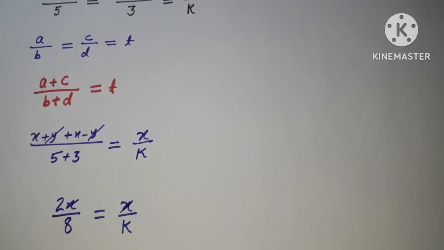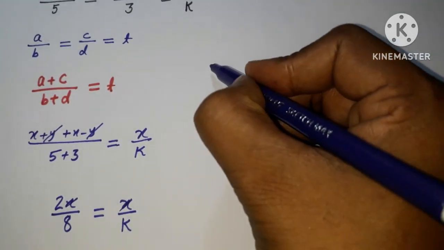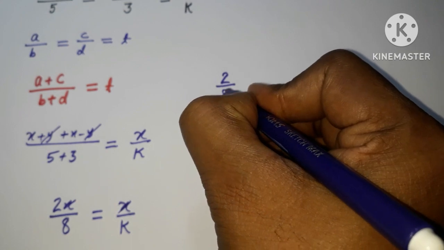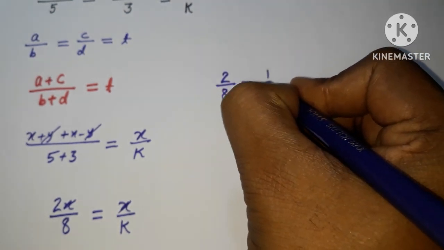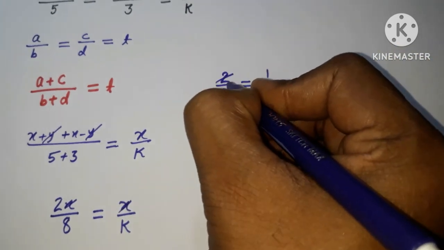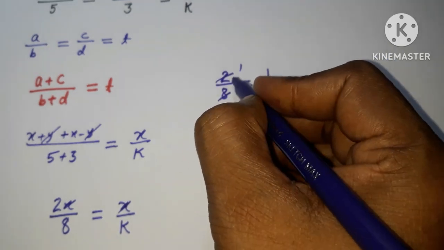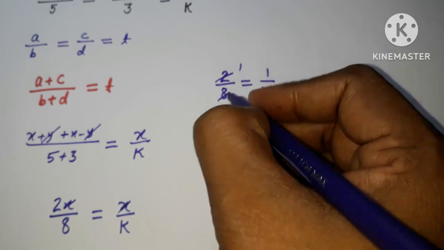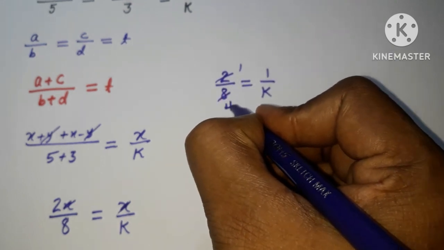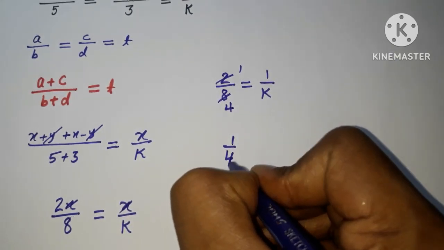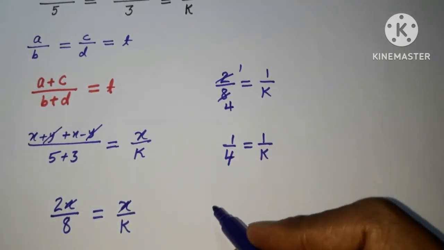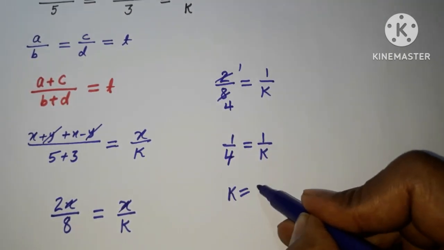So we have 2 divided by 8 is equal to 1/k. We can cancel 2 by 2: 2 divided by 2 gives us 1, and 8 divided by 2 gives 4. So 1/4 is equal to 1/k. So the final value we have is k = 4.